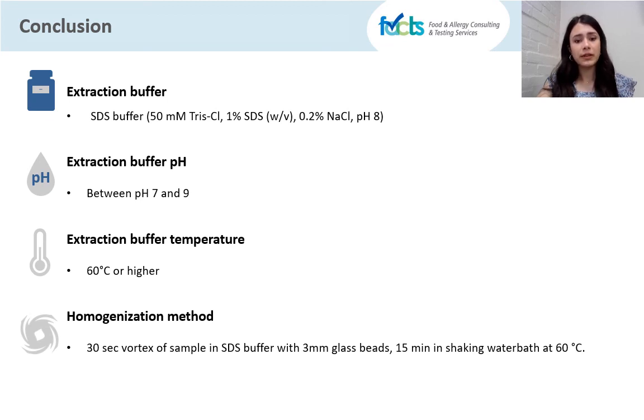And we also determined that the homogenization method has an important effect on the total amount of protein detected on the LC-MS. It was also found that a combination of the shaking water bath and glass beads yielded a level of target proteins that is similar or higher to that yielded by an hour in the sonicating water bath.